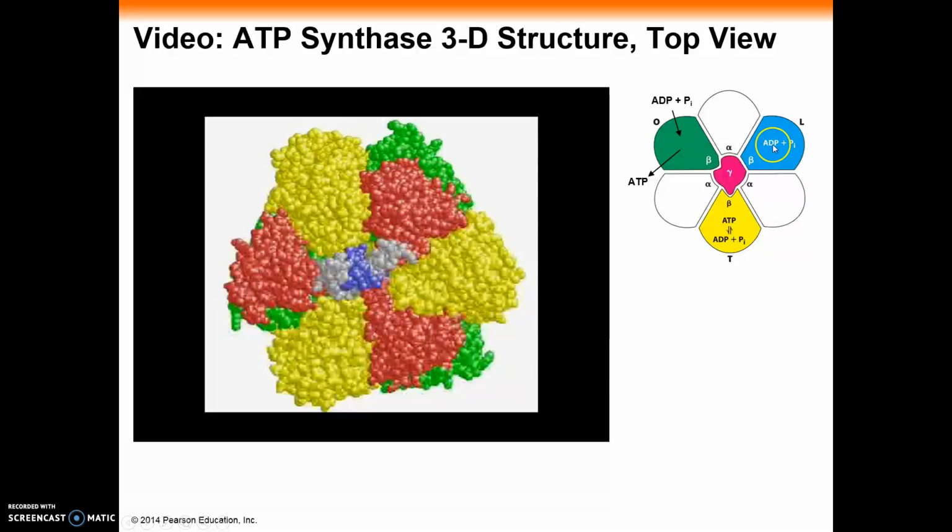A loose conformation holds ADP and inorganic phosphate, and doesn't allow them to leave. The third possible conformation is this tight conformation, where we actually take ADP and inorganic phosphate and squeeze it together until it bonds. Okay, so it's really physical force holding those two things together. There are some catalytic amino acids as well, but you get the idea.